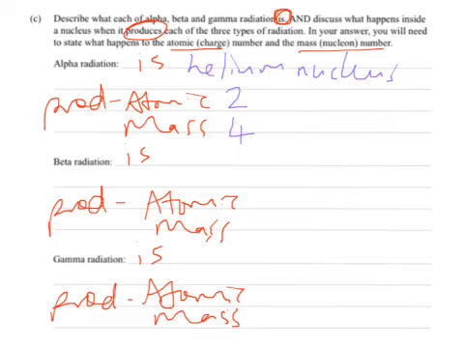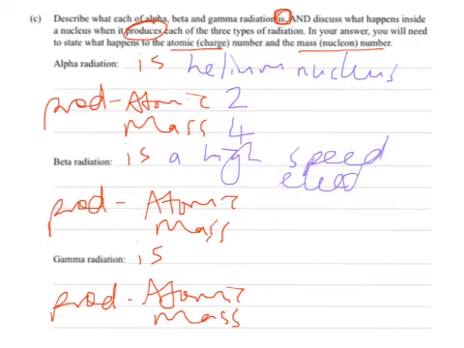Beta radiation is a high-speed electron. The high-speed electron that's been emitted has atomic number... now this is a tricky one because it's just an electron. It doesn't really have an atomic number, but we sometimes write -1 to show in an equation that a beta particle has increased the number of protons while decreasing the number of neutrons.